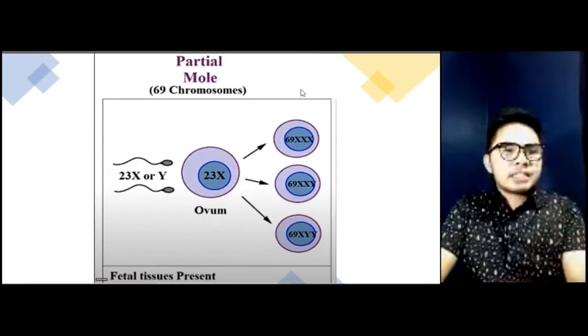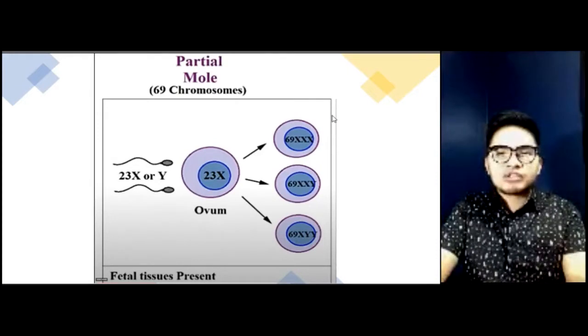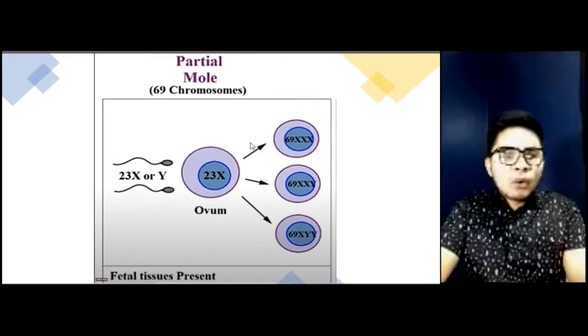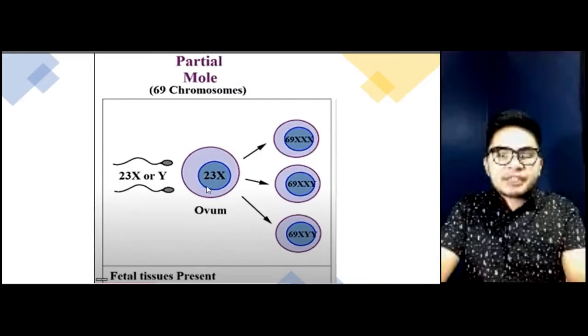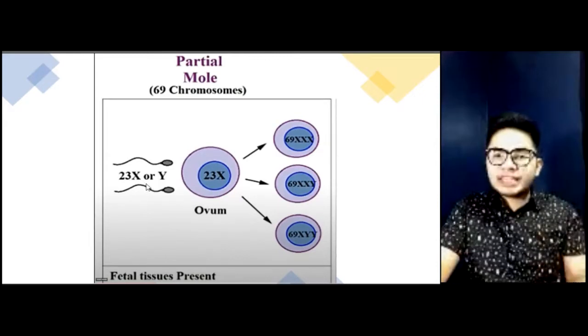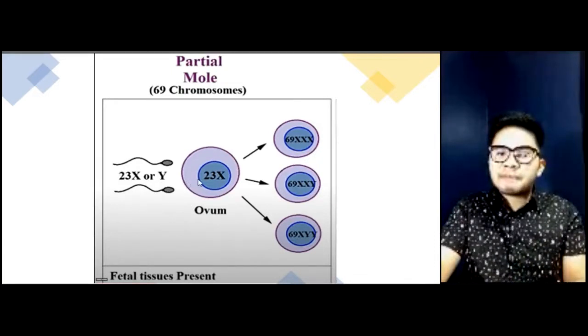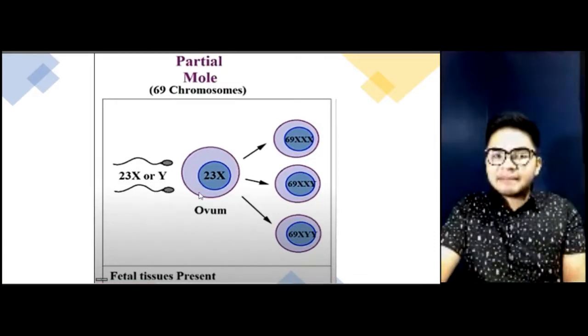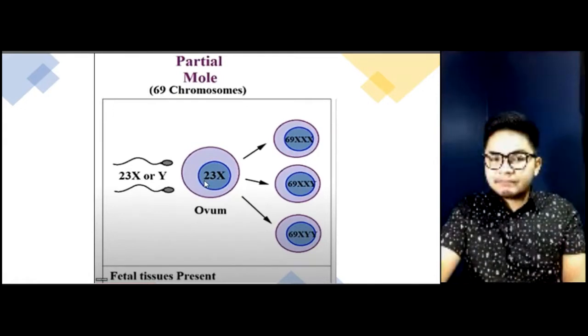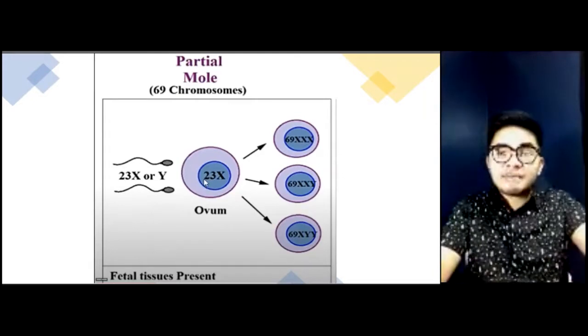But what happens in the partial molar pregnancy is that one egg is being fertilized by two sets of 23 chromosomes. So let's do the math again. 23 plus 23 equals 46, plus another 23 from the female egg, that is 69. Which is definitely abnormal.